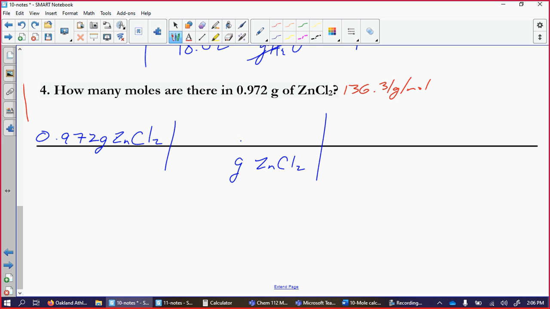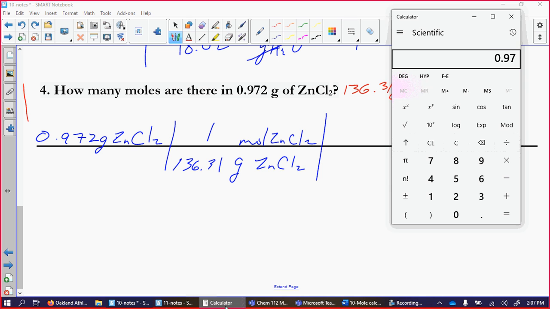So that means moles goes on top. 1 mole, added up earlier, 65 and 35 twice, plus change, 136.31. 0.972 divided by 136.31 is 0.00713.